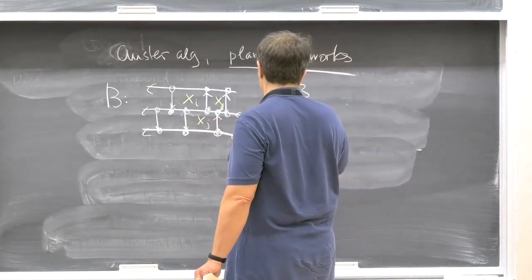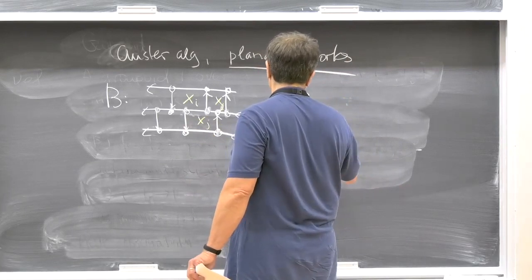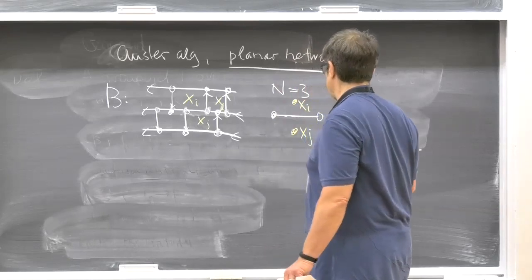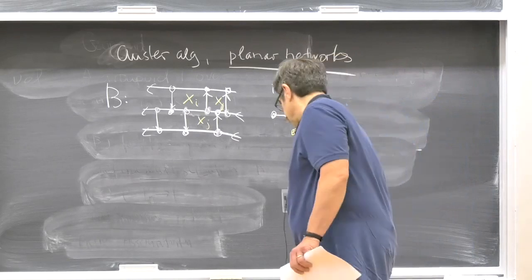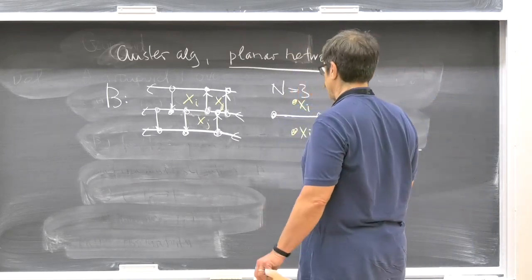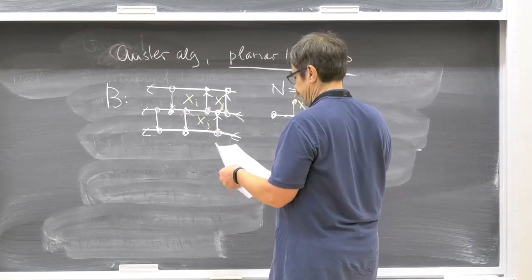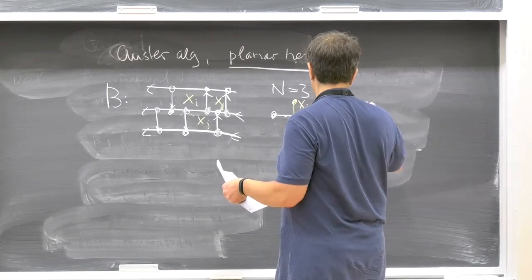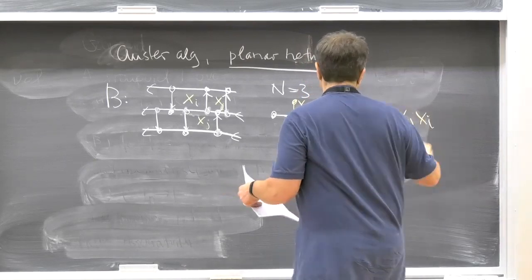So for two variables separated by an edge joining vertices of two different colors, we have non-trivial quantum or Poisson relations. If this is white, then I think xj is q xj xi, something like that.